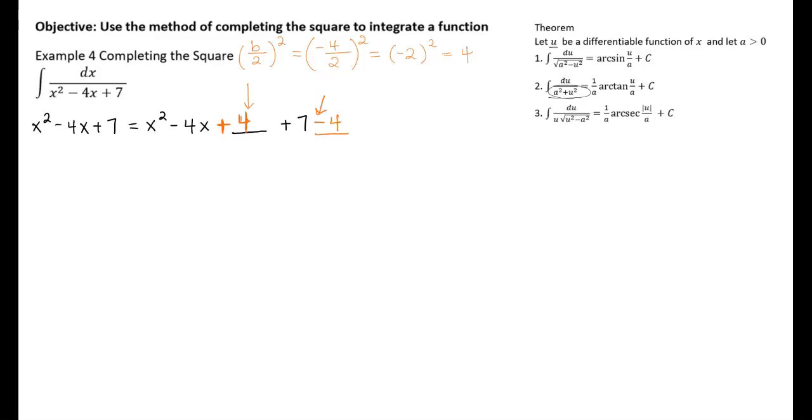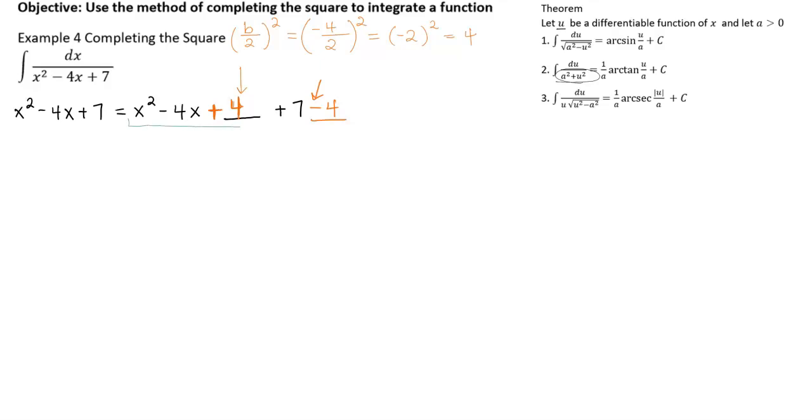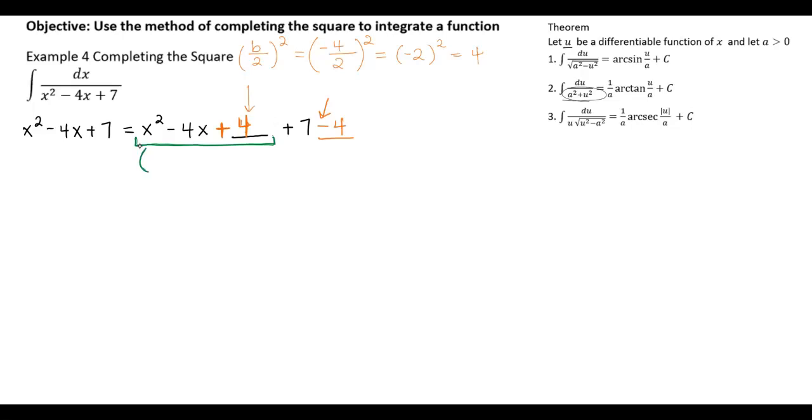And the reason that we add that 4 in is because if we do it correctly, then our first three terms should be able to factor. So we should be able to factor this now, and we can. This expression now factors into x minus 2 multiplied by x minus 2. I'll combine the two constants on the end, giving me a plus 3. So we have x minus 2 squared plus 3.